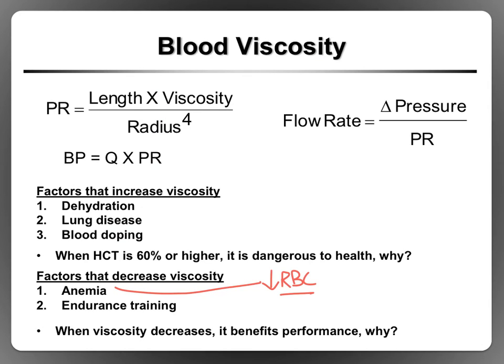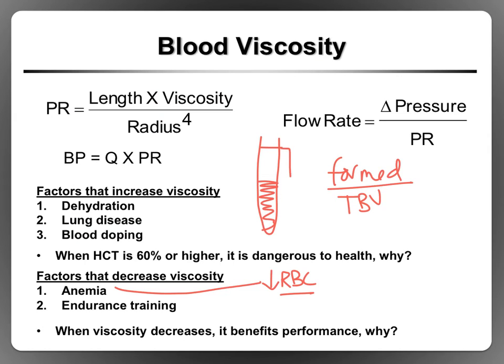This is going to decrease viscosity, okay, because if you remember again, we've got the formed elements, we've got the plasma. Hematocrit, or thickness, is the formed over the total blood volume. Okay, and if your formed elements decrease, hematocrit is going to decrease.